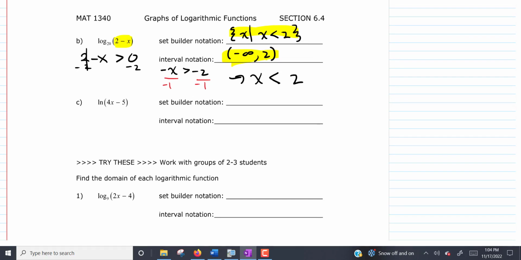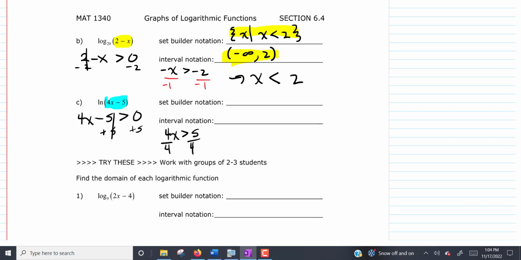It's going to be the same thing over and over again. You have to know that regardless of the base of the logarithm, you just take that argument, set it greater than 0, and solve the inequality. This one you could add 5 to both sides. You'll get 4x is greater than 5. Then you divide by 4.